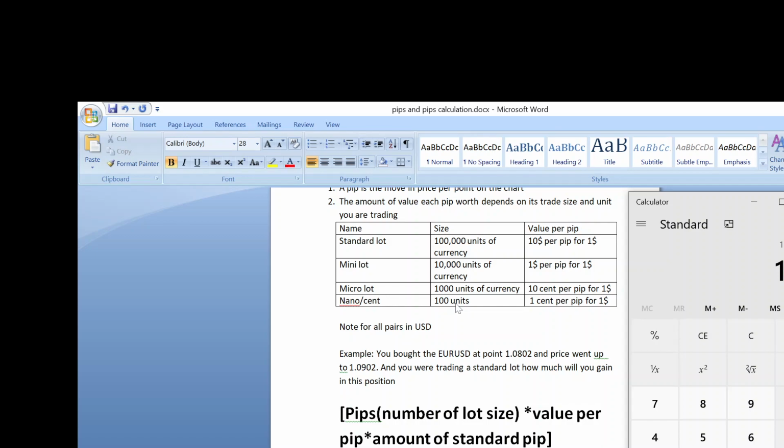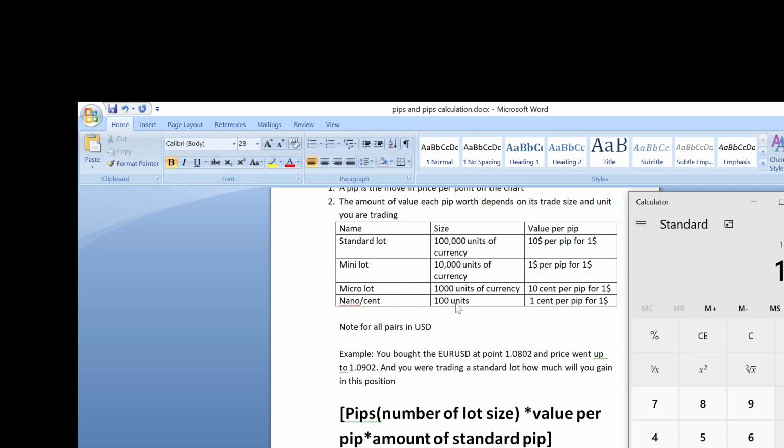Let's assume we are entering with 0.01, times value per pip, which is the lot size.